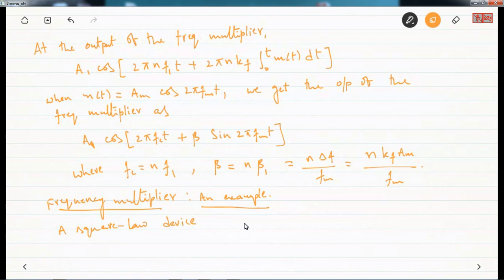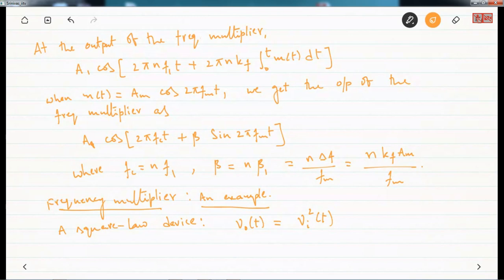In a square law device, the output V0 of t is equal to the square of the input, right? So the output V0 of t is nothing but the square of the input. So that is a square law device. You know, if x is the input and the output y is equal to x square, then that is called a square law device, right?